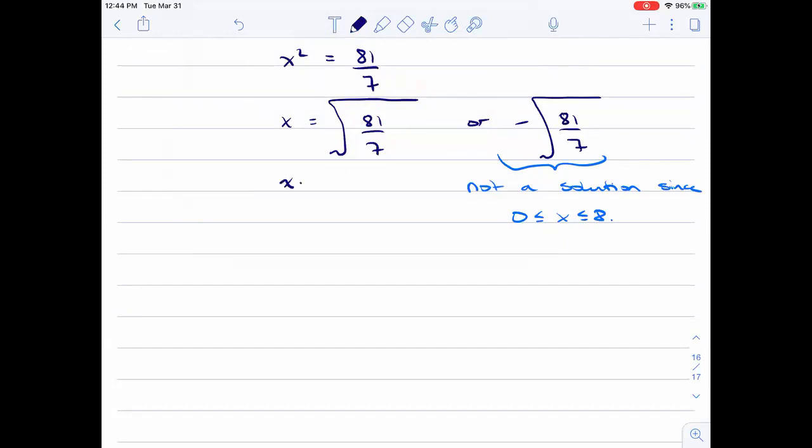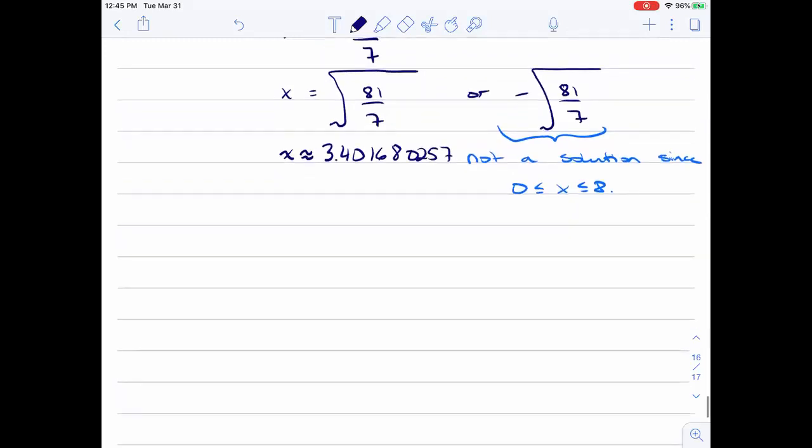And so we've got x is roughly equal to 81 over 7, and then I take the square root of that. I get roughly 3.4016800257. So x is roughly 3.4 kilometers.